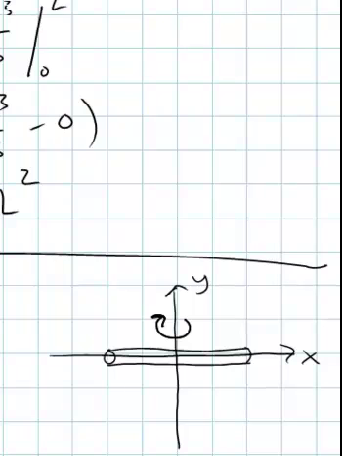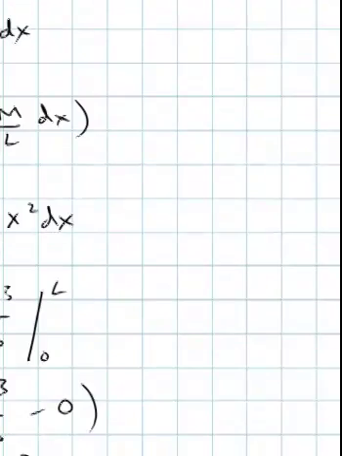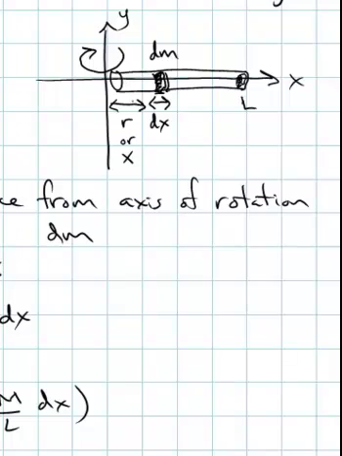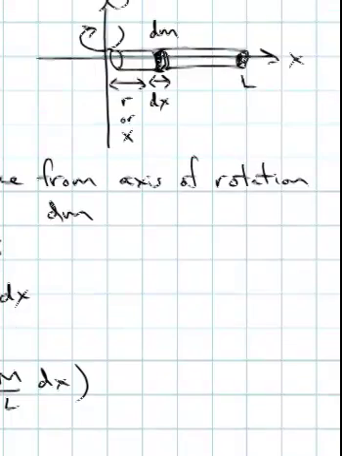I would expect it to be less, because in the first example, some of the mass out here is very far away. It's L away from the axis of rotation, and it goes as the square of that distance, so it has a big contribution. Some is very close in, but some is very far away.